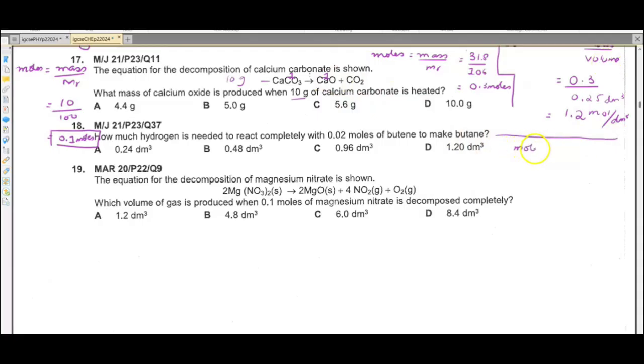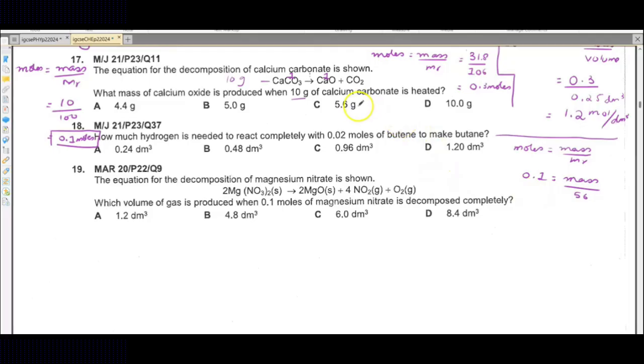We are going to use our formula again. Moles is equal to mass by Mr. Moles are 0.1, since CaCO3 and CaO are in the ratio of 1:1, so moles won't be different. So mass is something we need to find, and the Mr for CaO is 56.